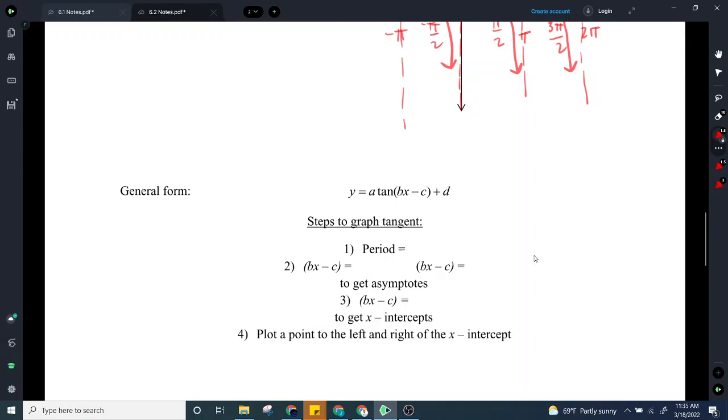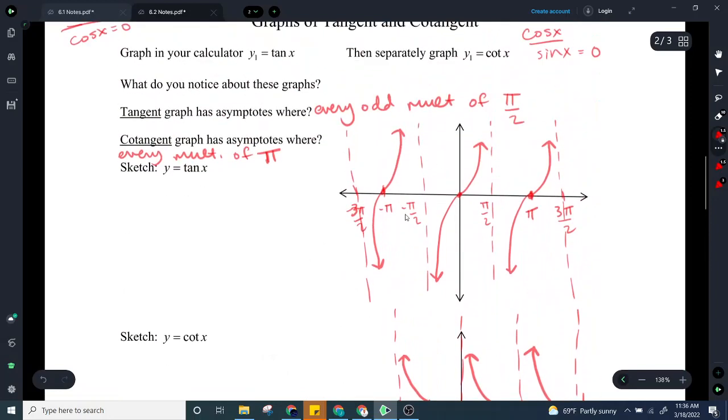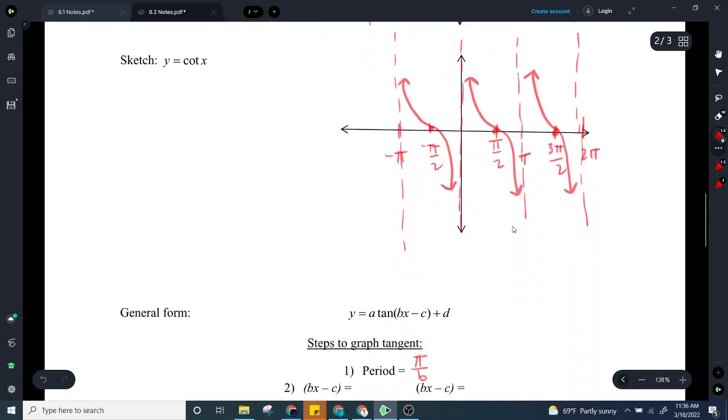So our period is going to be determined by pi over B this time, because remember the period is only pi for the basic tangent function. To get the asymptotes, we're going to set Bx minus C equal to where the original asymptotes would have been. So for the original tangent function, the asymptotes were at negative pi over 2 and positive pi over 2.